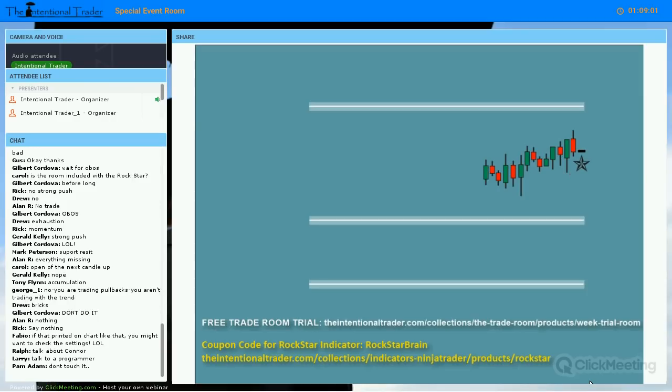Because item number one, and by the way, guys, I am going to cover first the standard Rockstar setup. And then I'm going to go into the new rules that I've adopted to add to my rules. I haven't changed any of my rules, just so you know. I've added to my rules.